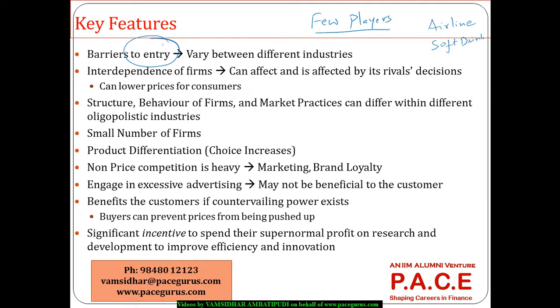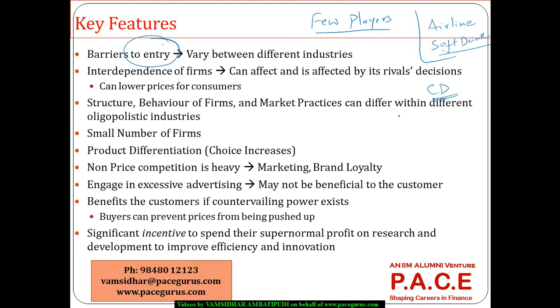You can think of various industries where there are very few players, or perhaps some consumer durables industries where there are very few branded players, very few big players, and probably a few local players that are operating.